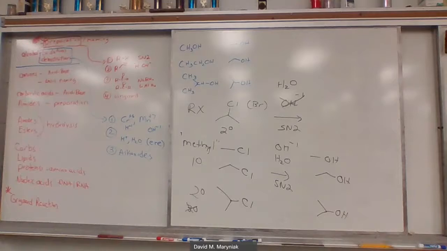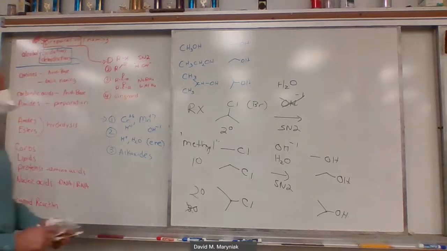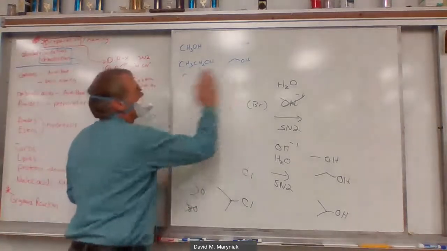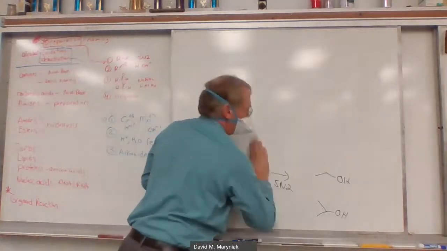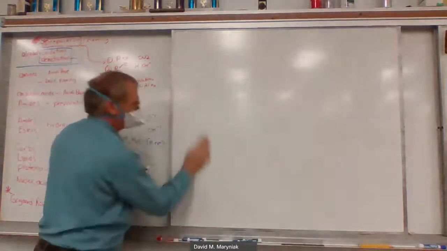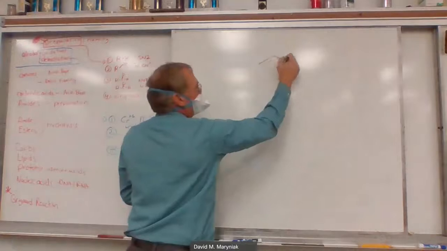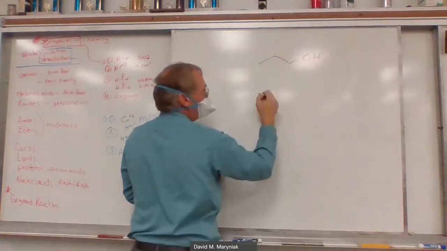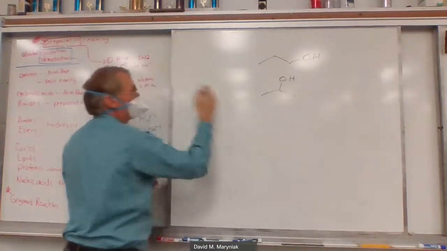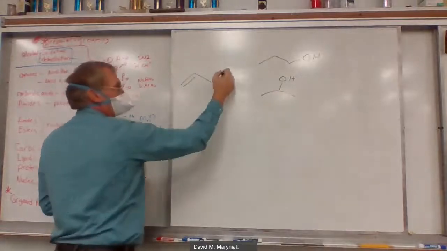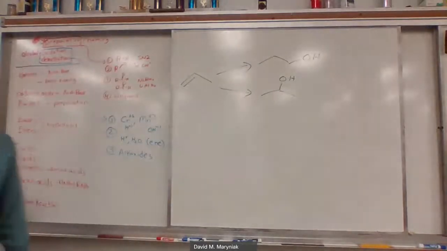Acid catalyzed hydration, oxymercuration-demercuration, and hydroboration-oxidation. So the final exam says we want to make that alcohol, and that's what we have to start from. How would you do it?